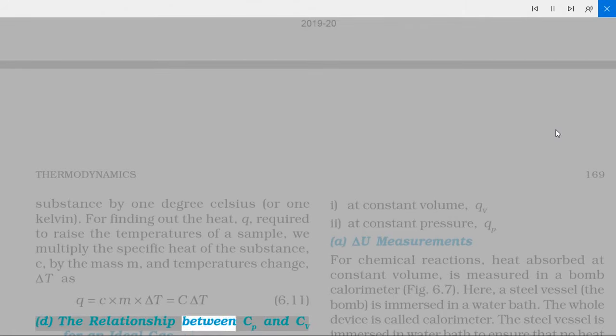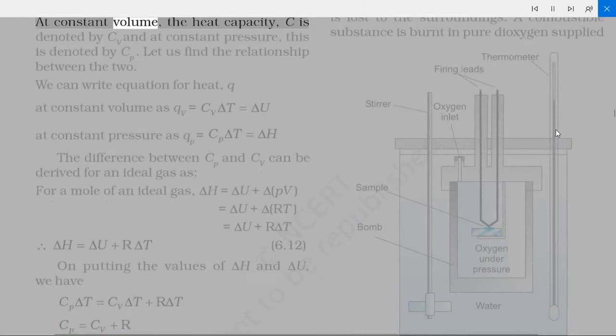The relationship between Cp and Cv for an ideal gas: at constant volume, the heat capacity C is denoted by Cv, and at constant pressure, it is denoted by Cp. Let us find the relationship between the two. We can write the equation for heat q at constant volume as qv = Cv ΔT = ΔU, and at constant pressure as qp = Cp ΔT = ΔH.